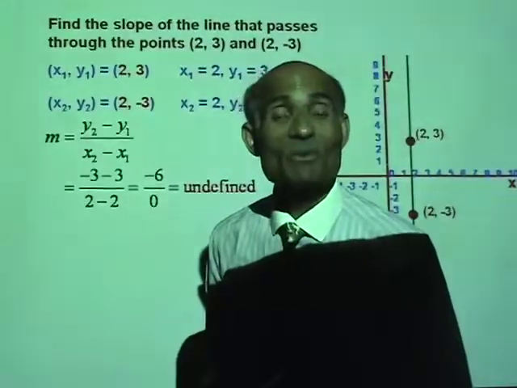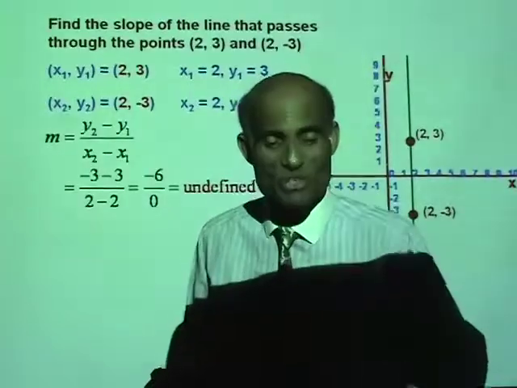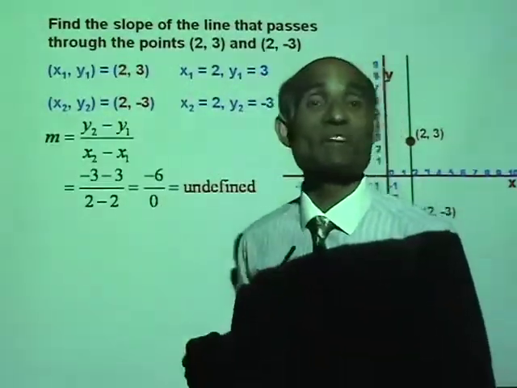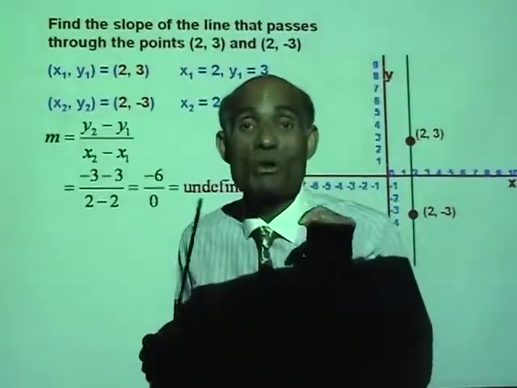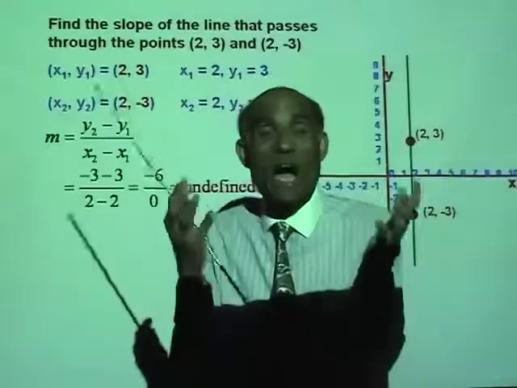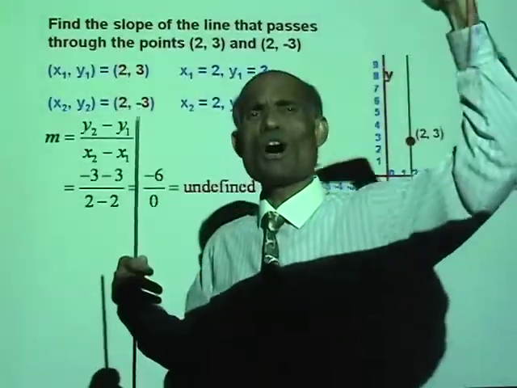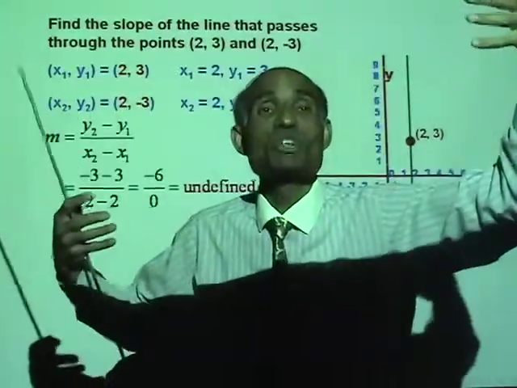What is the value when a rational number has its denominator 0? What is the value of negative 6 divided by 0? When the denominator is 0, that number becomes undefined. Its value will be so large, so huge, we will not be able to determine it.